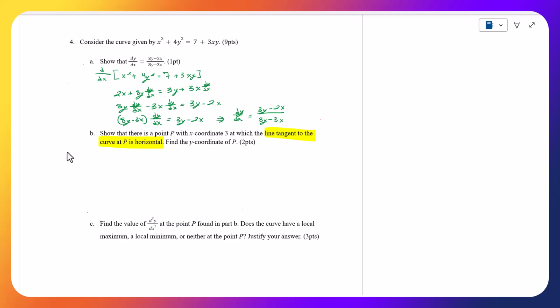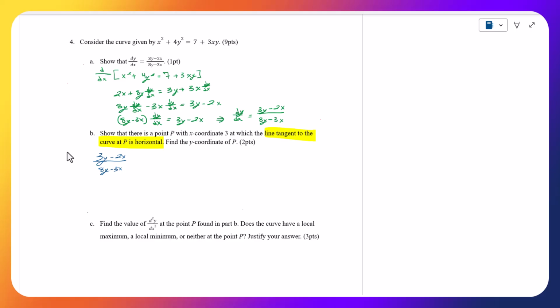Because it tells us that the line tangent to the curve at P is horizontal, we want 3y minus 2x over 8y minus 3x. This is the slope of our tangent line. And we want our tangent line to be horizontal.